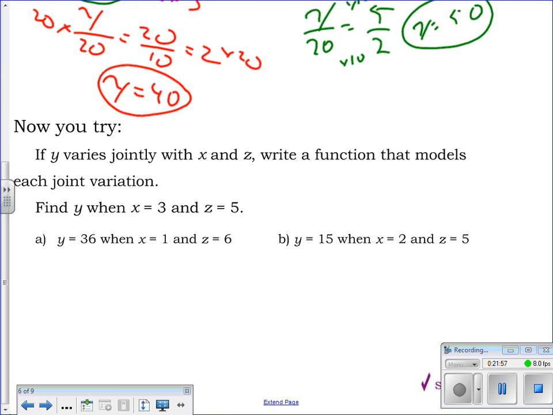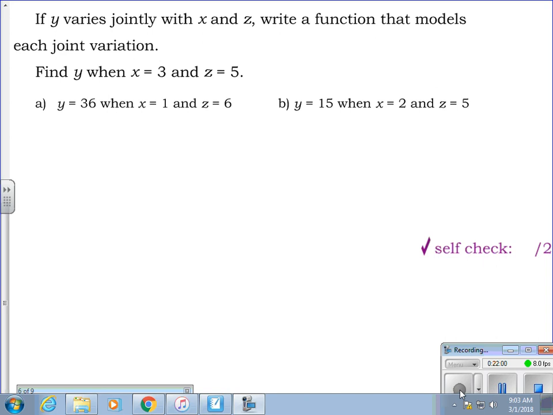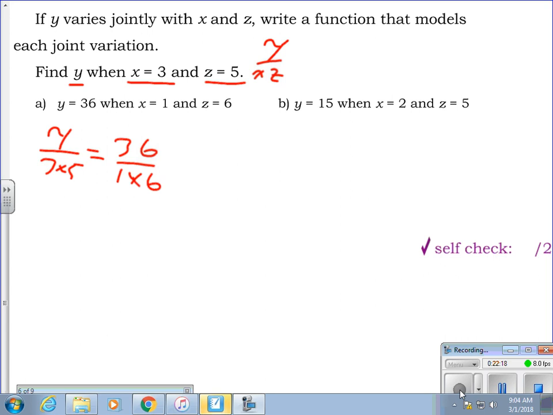Your turn. Okay. So same thing. Y varies jointly with x and z. Y over x times z. Y over 3 times 5 equals 36 over 1 times 6.